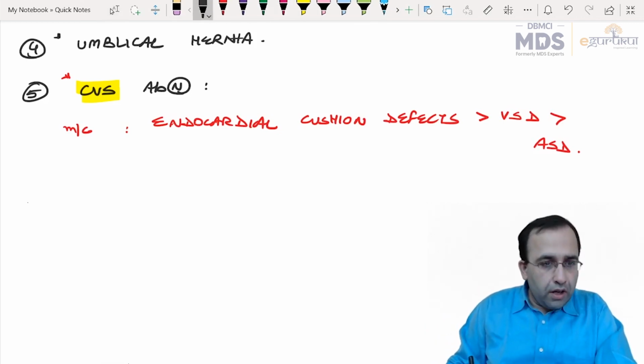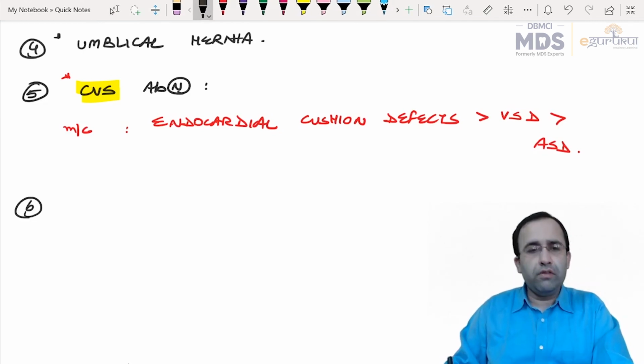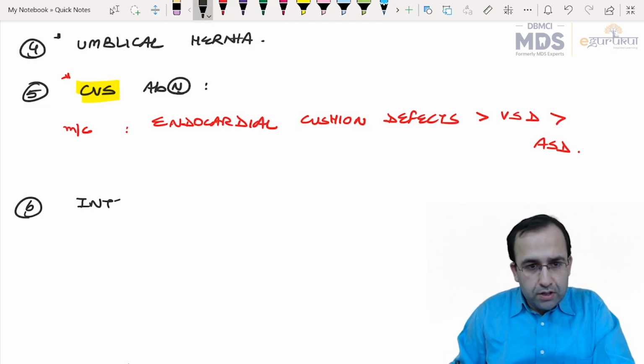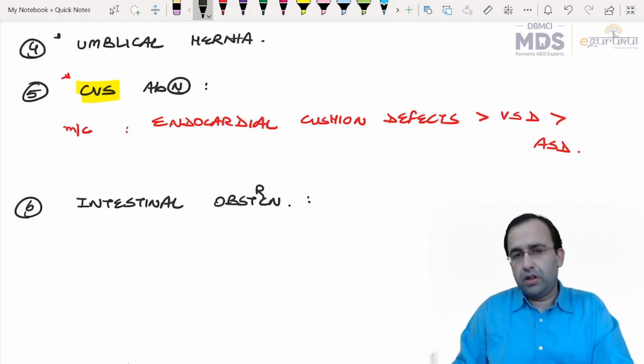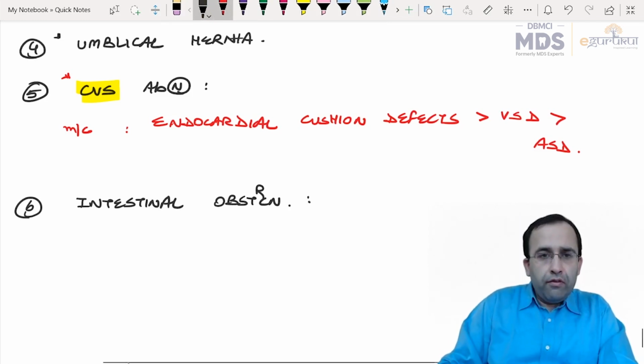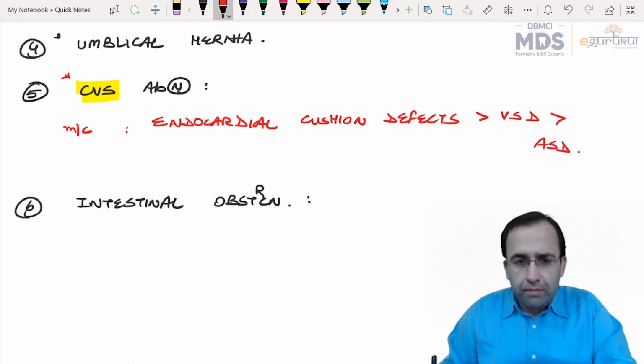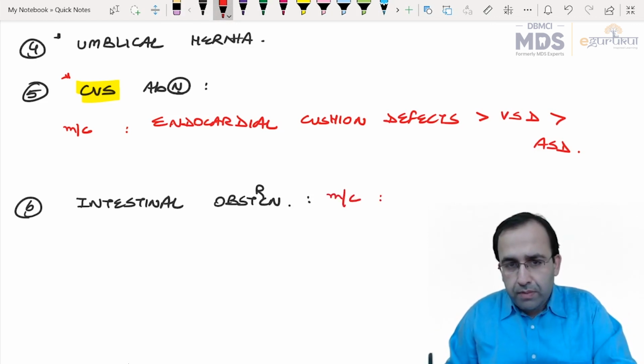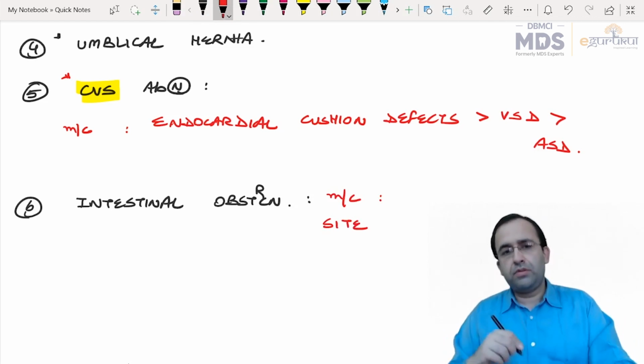Next, Down syndrome is also associated with intestinal obstruction. In the GIT, where is the most common site of intestinal obstruction?